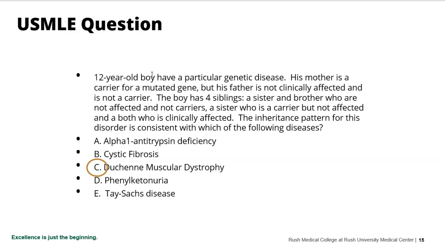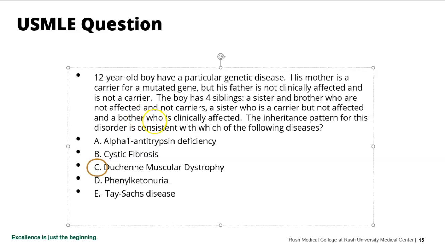The boy has 4 siblings, a sister and a brother who are not affected and not carriers, a sister who is a carrier but not affected, and a brother who is clinically affected. The inheritance pattern for this disorder is consistent with which of the following diseases? Alpha-1 antitrypsin, cystic fibrosis, Duchenne's muscular dystrophy, phenylketonuria, or Tay-Sachs.